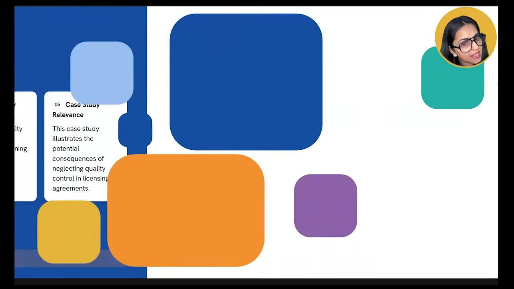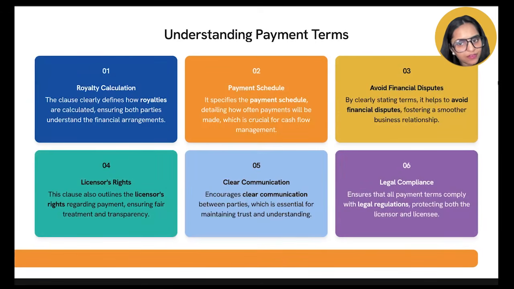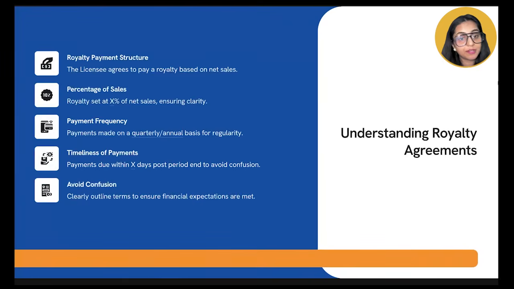Now, next up, let's look at the royalty and payment terms clause. This specifies how the licensor will be paid and how often. Clear payment schedules and royalty calculations are crucial to avoiding financial disputes down the line. Let me read out the template for you.